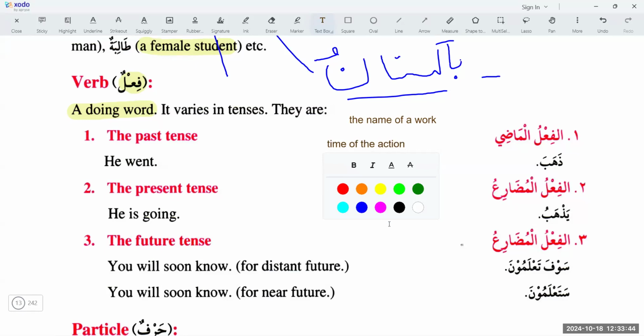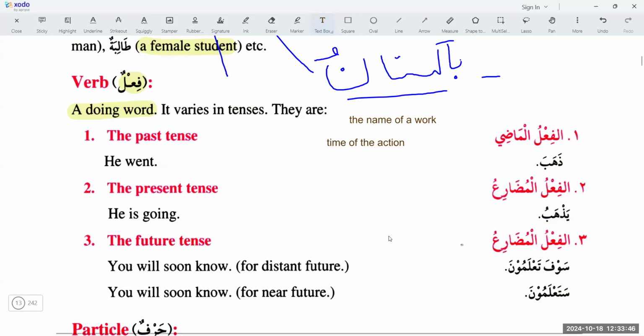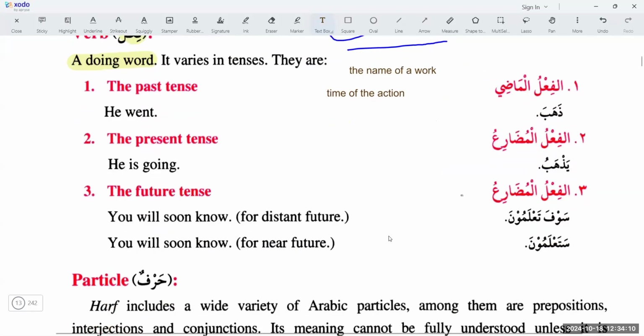If there is no time in the action, then we cannot call it a verb; it would fail. It should be past, it can be present, and it can be future. It must contain a past tense, a present tense, or a future tense.